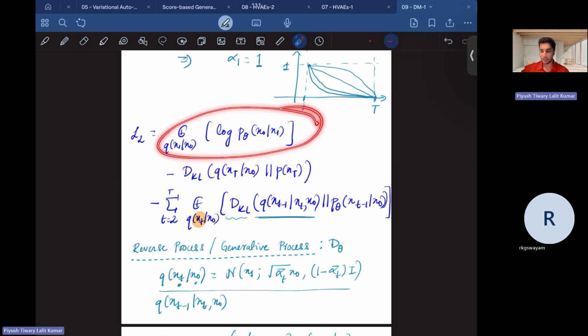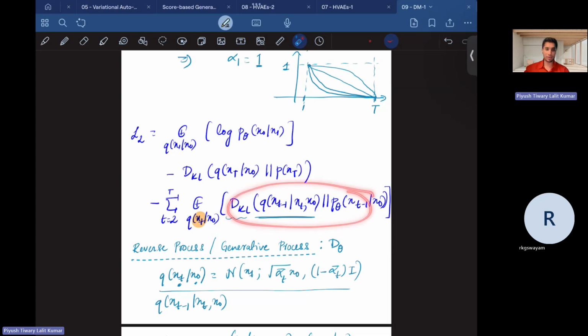This other term is nothing but a reconstruction term, so we need not worry about that as well. We only need to worry about this term, and this is where all of these things are going. We saw what our encoder is, and we calculated what this distribution should be using our encoder.